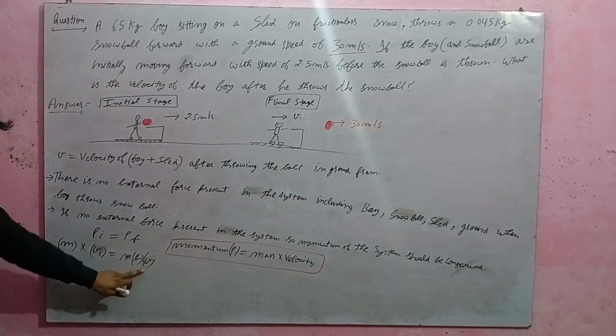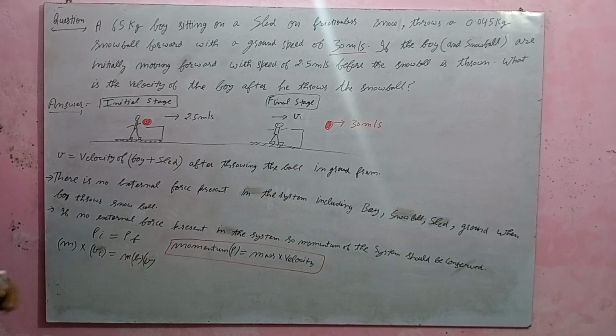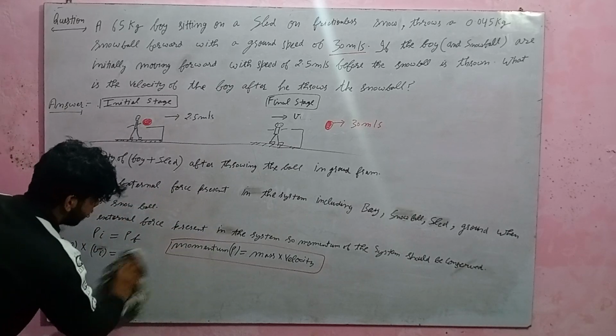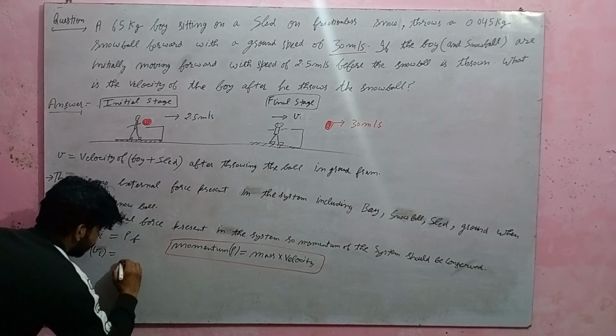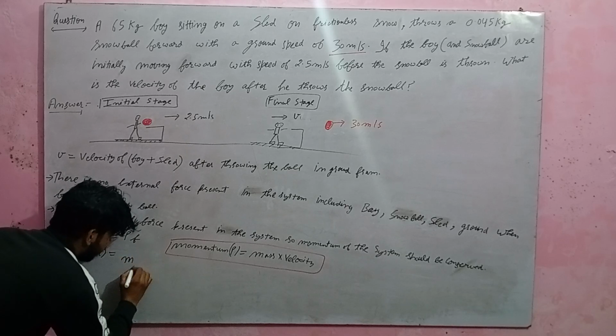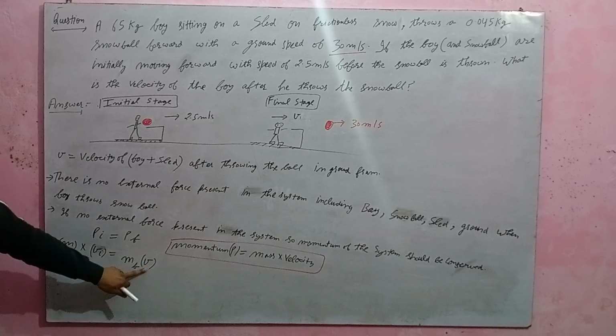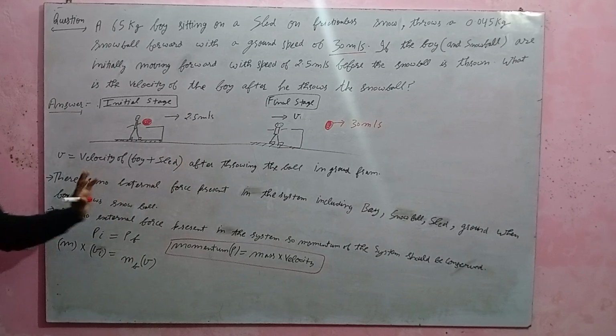So this is the mass of the boy multiplied by velocity v, where v is the velocity of the boy plus sled after throwing the ball, which we have to calculate.